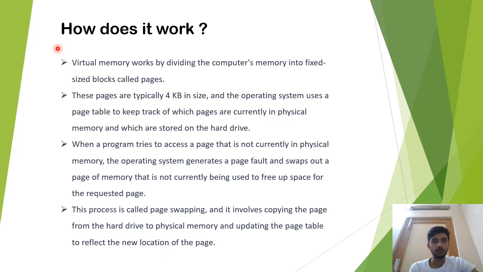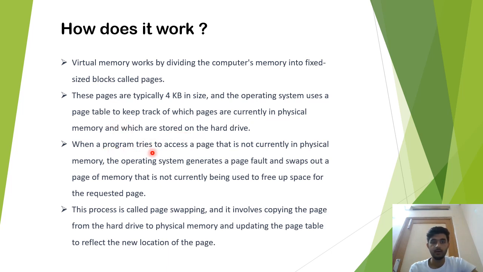Now let's talk about the way of working with virtual memory. Virtual memory works by dividing the computer's memory into fixed size blocks called pages. These pages are typically 4 KB in size, and the operating system uses a page table to keep track of which pages are currently in physical memory and which are stored on the hard drive.